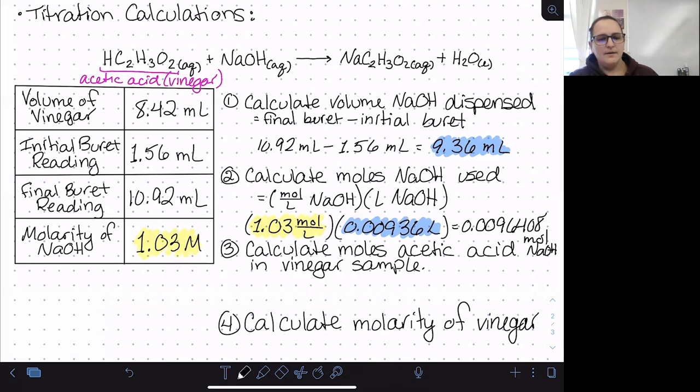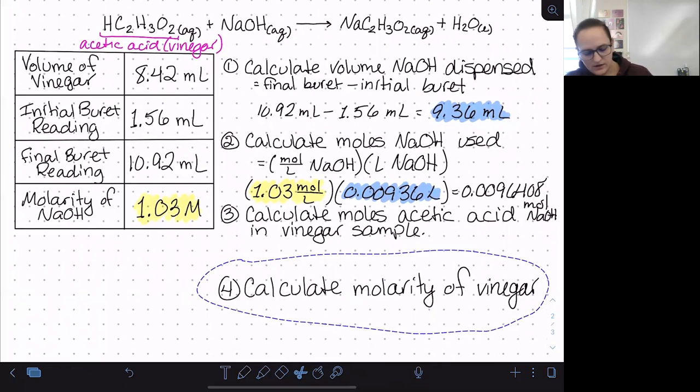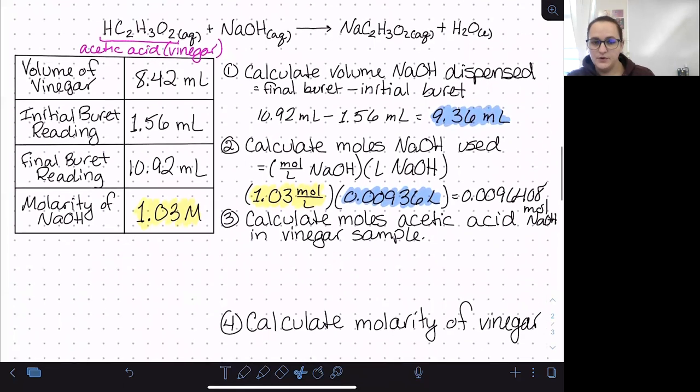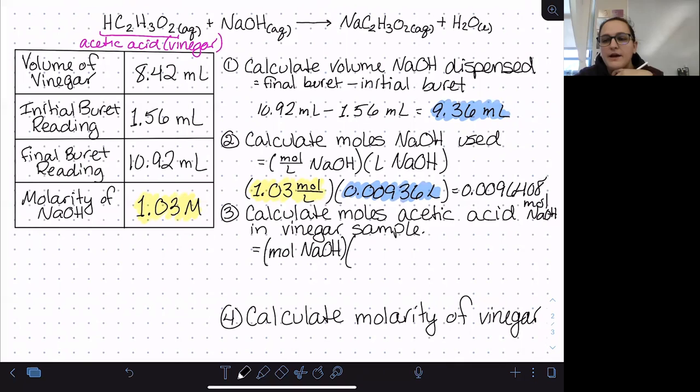So our next step is to calculate how many moles of acetic acid there must have been in my vinegar sample. This is just a simple stoichiometric conversion. This is going to be equal to the number of moles of NaOH that we just found, multiplied by the coefficient ratio to convert from moles of NaOH into moles of acetic acid.